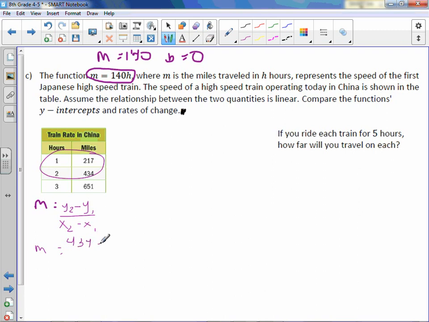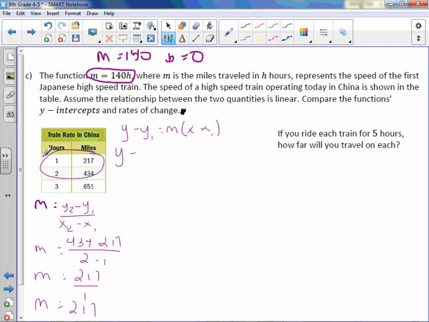434 minus 217 over 2 minus 1, which equals 217 over 1, or 217. Now this time I also need the y-intercept. So I'm going to use my point-slope formula. Y minus y1 equals m times x minus x1.